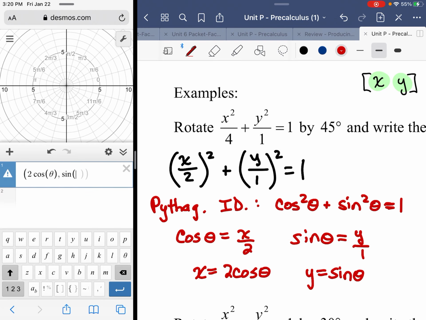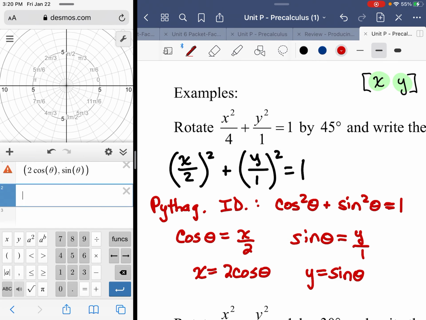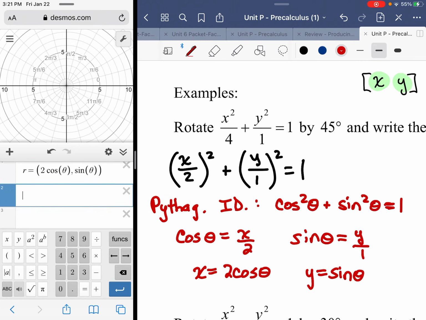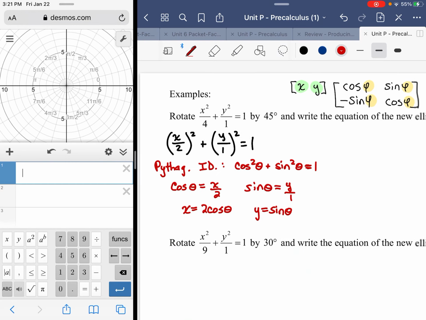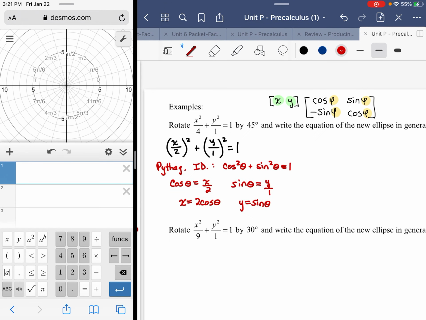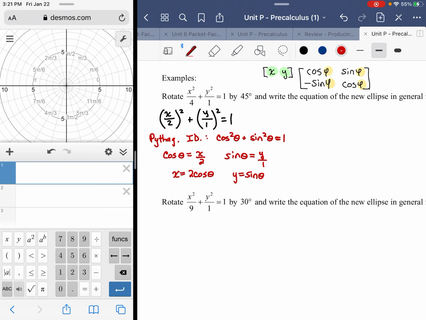All right, and then sine of theta. Okay, well, that didn't work. Okay, I must be misremembering. More on that later. I'll figure that out. I could also be thinking of GeoGebra, so that could be a problem. Well, anyway, that's beside the point.